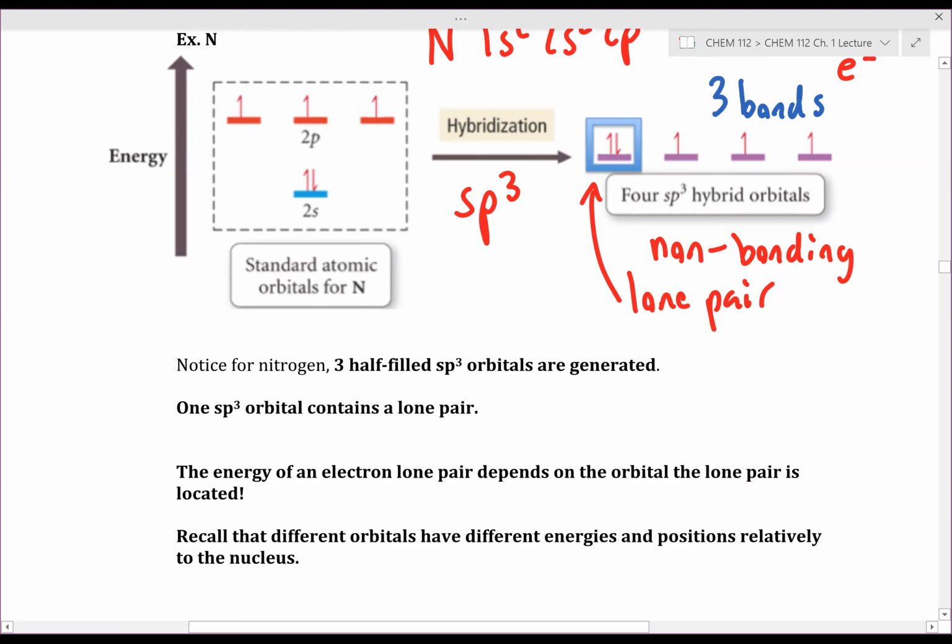And this brings up another point that's going to be critical in our discussion of acid-base chemistry: the energy of an electron lone pair depends on the orbital in which the lone pair is located. So just always keep in mind, lone pairs are not created equal. It depends on what atom they're located on, what the hybridization of that atom is, and how that atom is participating in bonding.